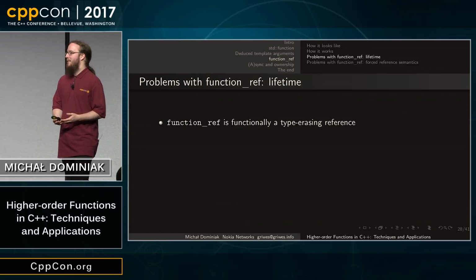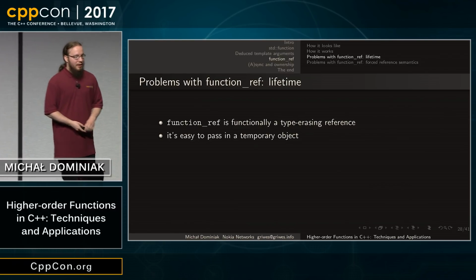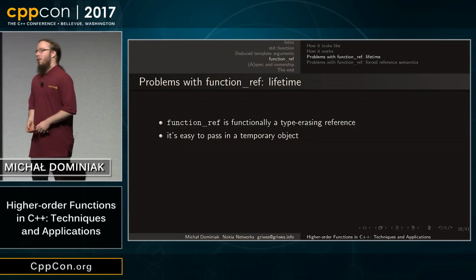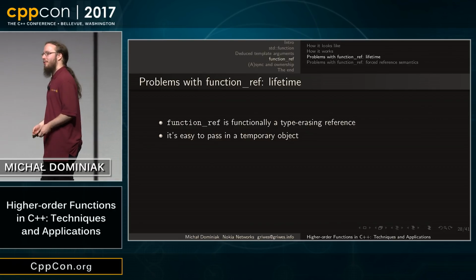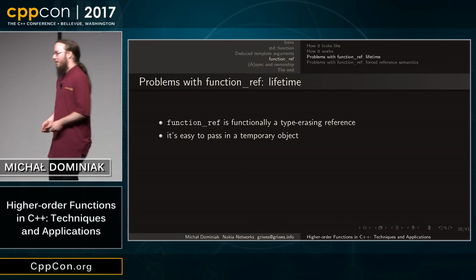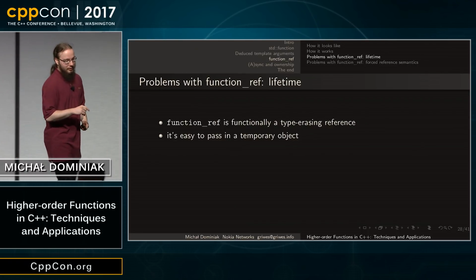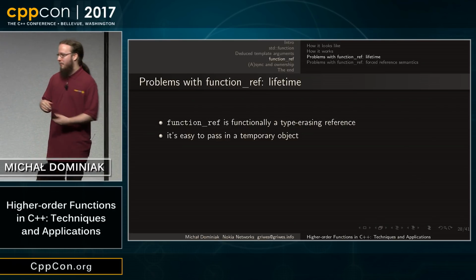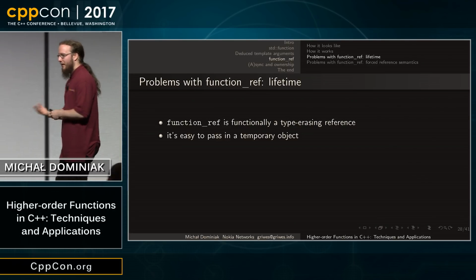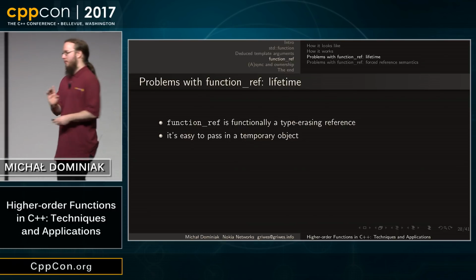This is what a reference means. It's easy to pass a temporary object. That was kind of intentional due to the next slide. But it makes it easy to write slightly incorrect code in some cases. We will come back to this.